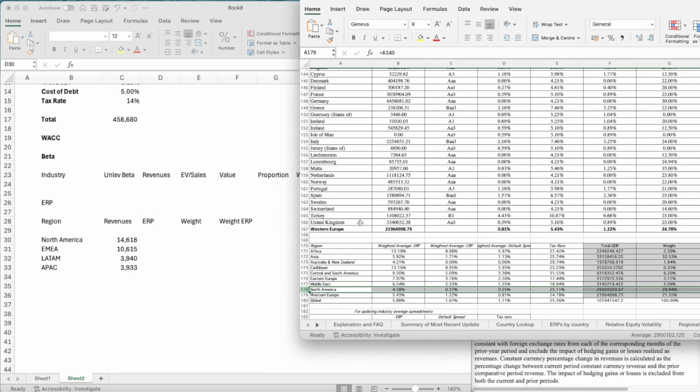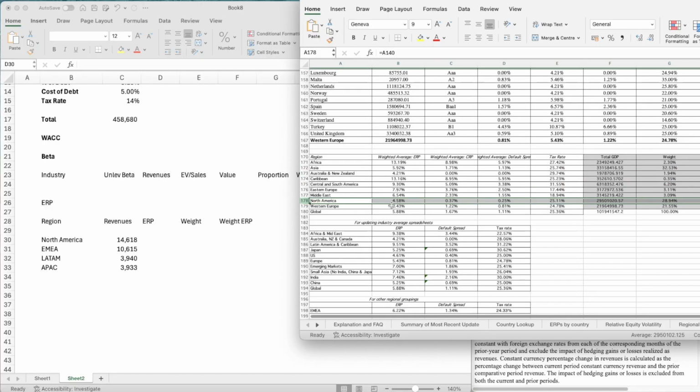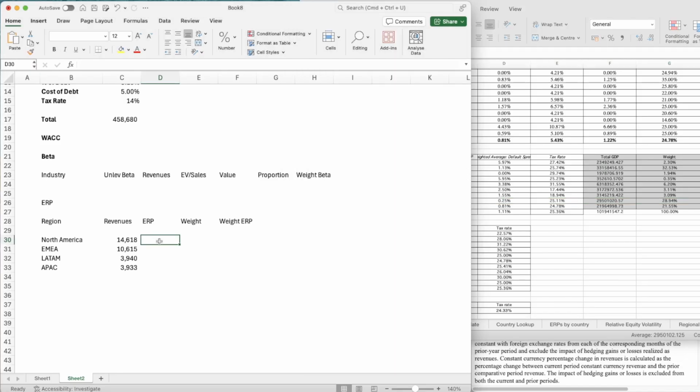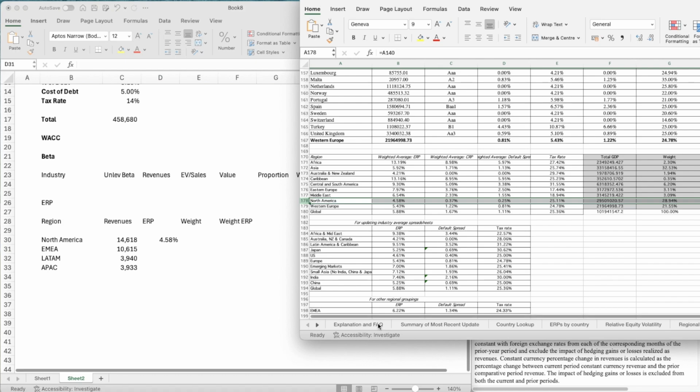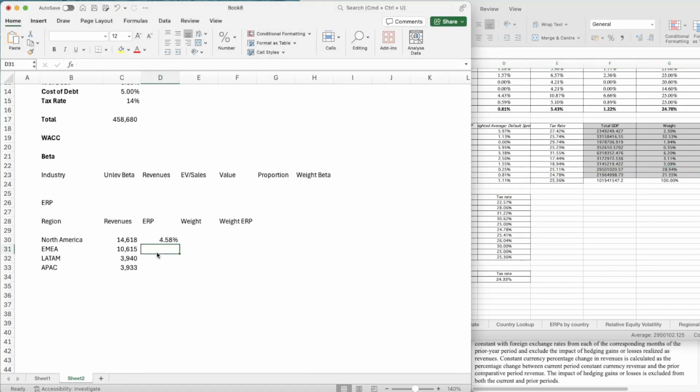We know for North America, so US and Canada, it is 4.58%. For EMEA, 6.22%.